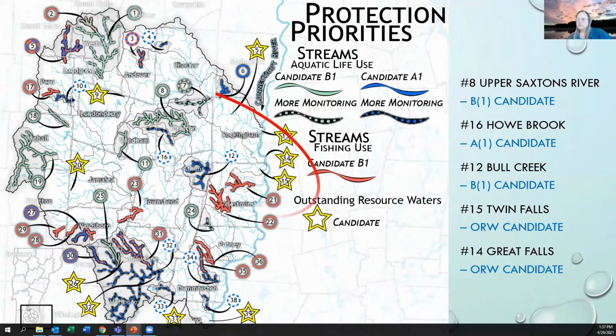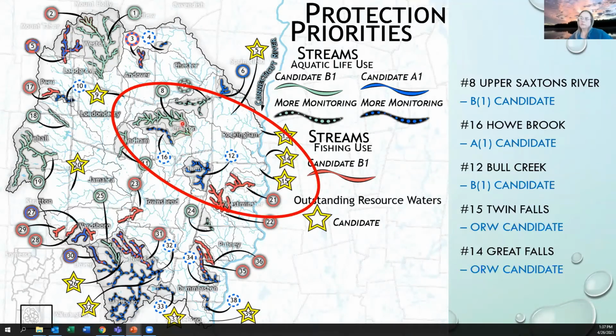So this is the Saxtons River Watershed, and these are all the proposals that I'm putting forward in the basin plan for reclassification. So the ones that are in the Saxtons, let me see if I can change this and make it somewhat visible. Oh, of course it won't. So this green part of the upper Saxtons River is a candidate for B1. It already meets the B1 criteria.